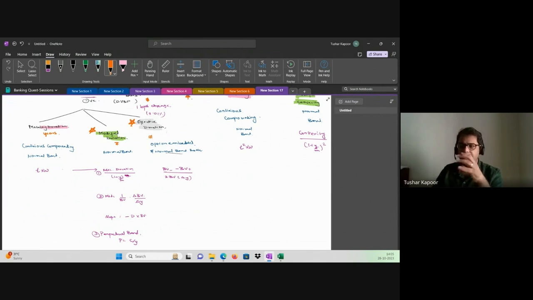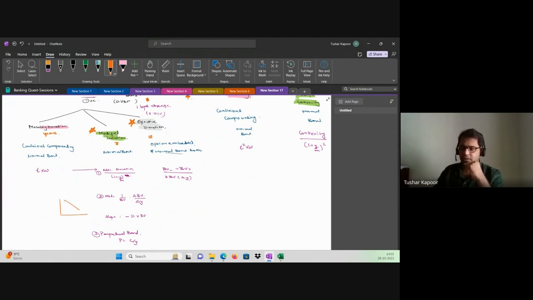Whereas a more independent method, where he was not doing a transformation from the Macaulay duration to a modified duration number, is this: 1 upon BV multiplied by the change in bond value by the change in yield. That is the second method. Now understand this when we talked about the slope. We mentioned duration is an important part of it.